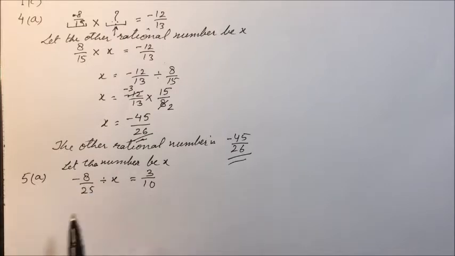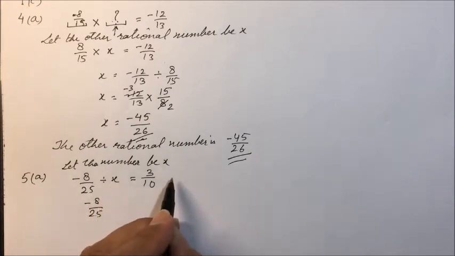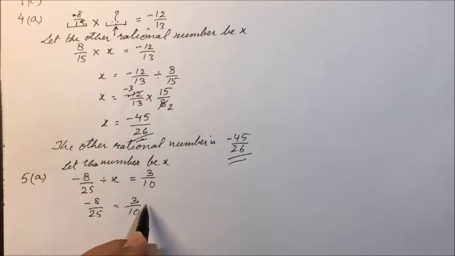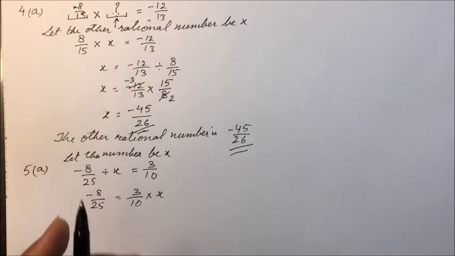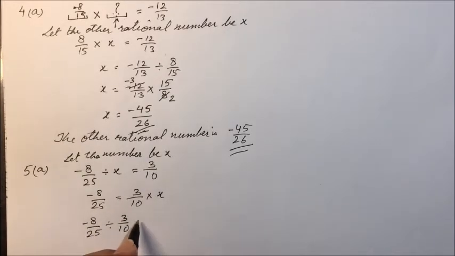Now the next step: minus 8 upon 25 is dividing. If we take it on this side, it will become multiplication, equal to 3 upon 10 into x. Now you can take that on the other side, it will be dividing. Minus 8 upon 25 divided by 3 upon 10 equal to x.